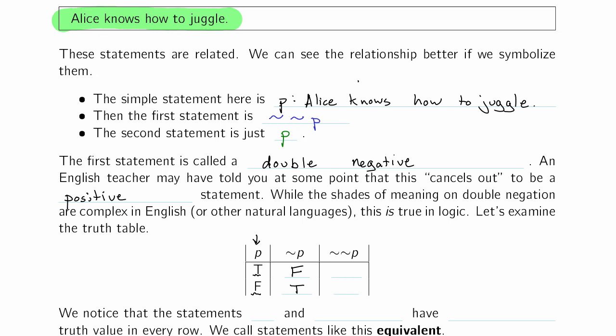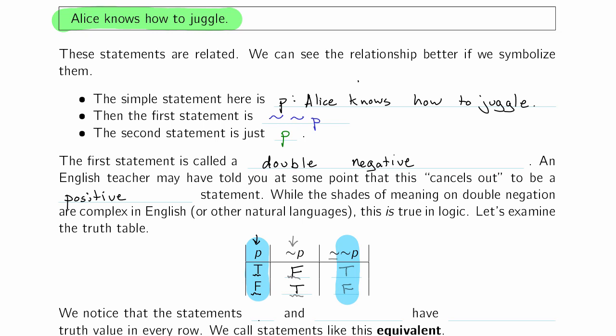But then for the double negation, well, I want to take my negation and negate it again. So the opposite of false is true. The opposite of true is false. What I get when I do that is exactly the same column of truth values that I started with.